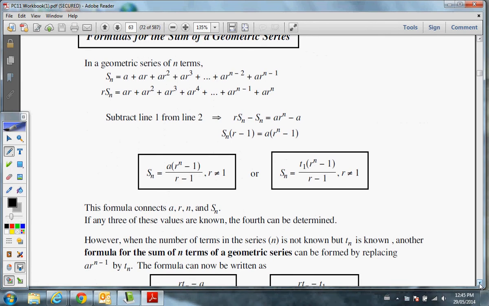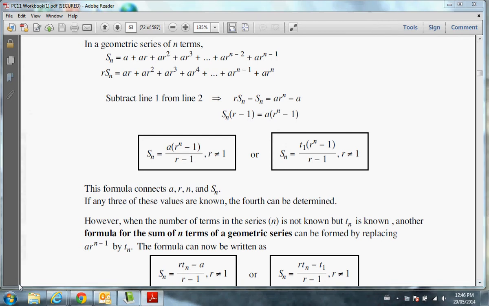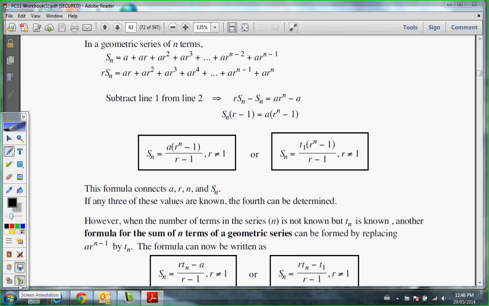Okay, I'll kind of explain what they're talking about here, but I think it's better to go with what the formula is. What they're talking about here is they went ahead and did the series, and the series times r, so that kind of gets you the next one in line. And then they subtracted line 1 from line 2, so they did rSn minus Sn, ar minus a, so these pieces subtracted.